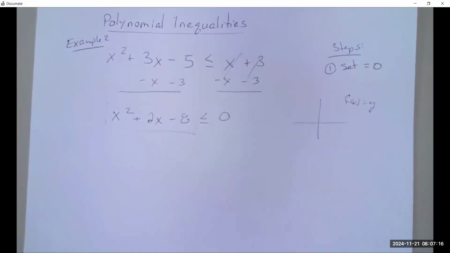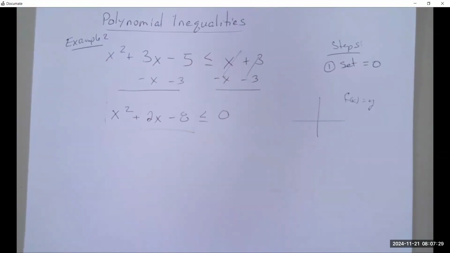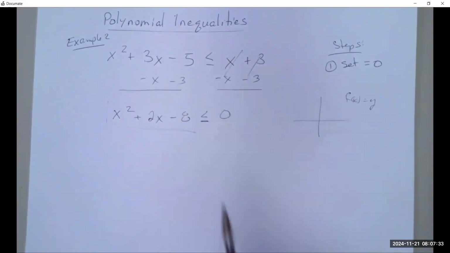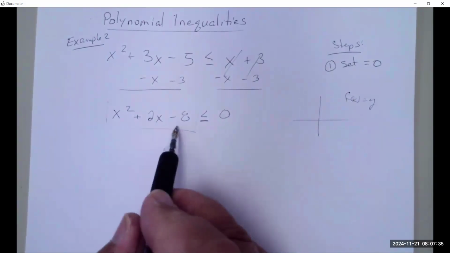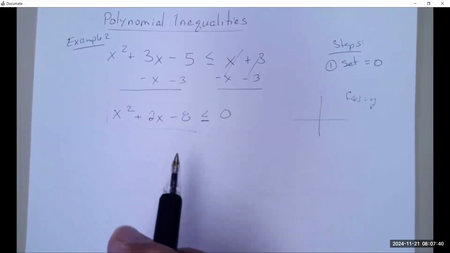In this one, can I use the x-intercepts? Why? We have to find those. Yes, we can use the intercepts because it's equal to. So we're looking at what are my x-intercepts. If that line wasn't there, we couldn't use the x-intercepts.